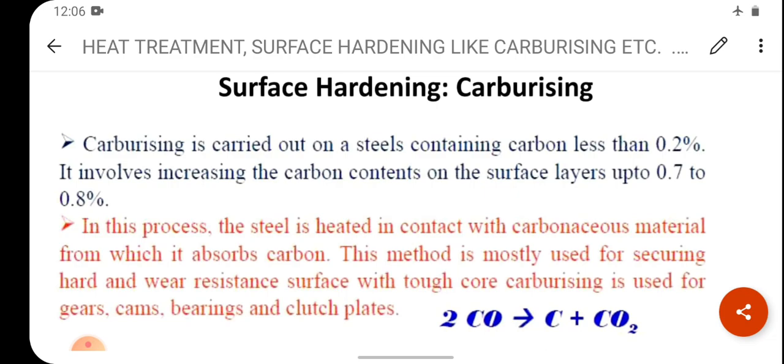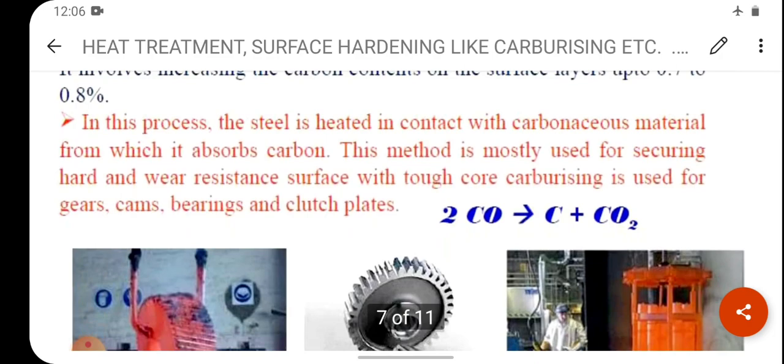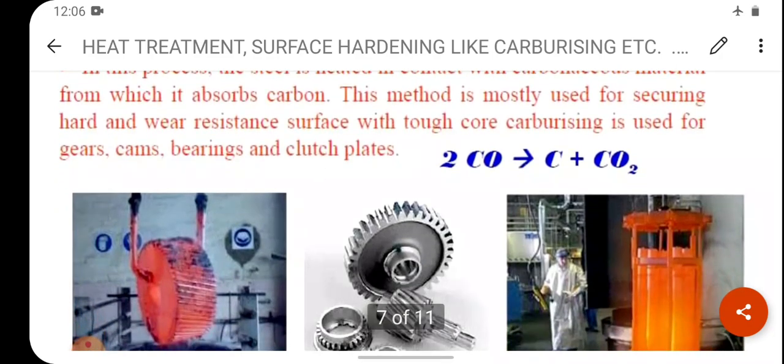So the object can absorb loads. Carburizing is used for gears, cams, bearings and clutch plates. The reaction involved in the carburizing process is 2CO, carbon monoxide, giving 2C plus CO2.